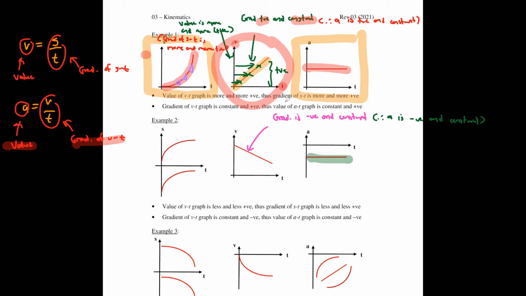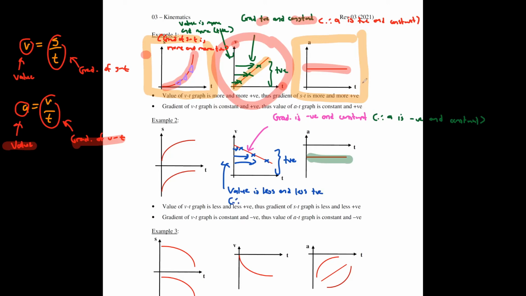But if I want to describe the values again, this point here going to this point here, going to this point here, all the values here are still positive. But the way I will describe the value is that the value is less and less positive.